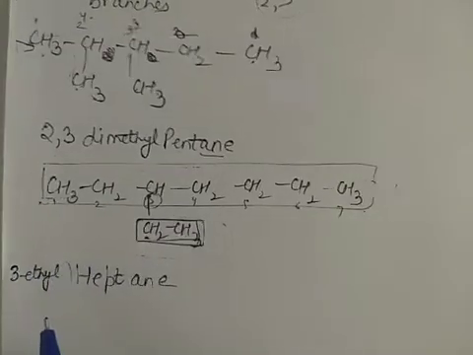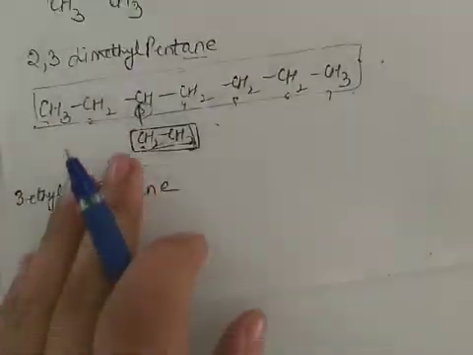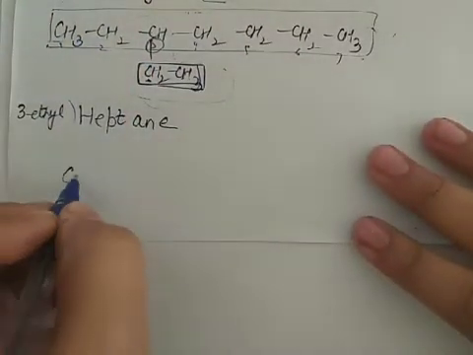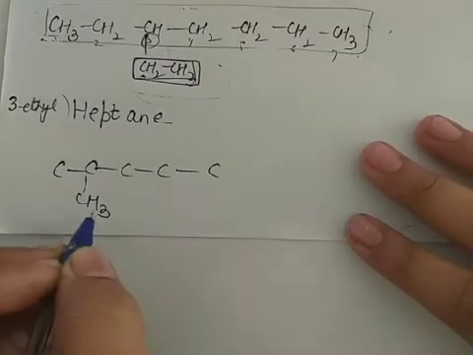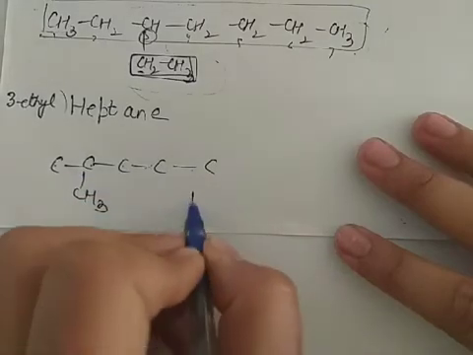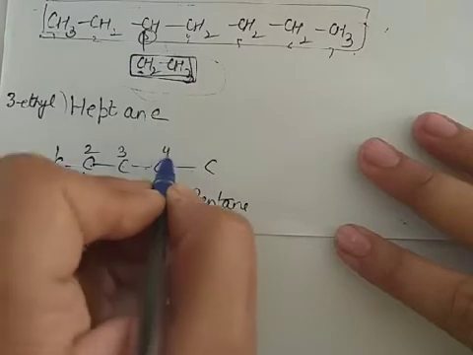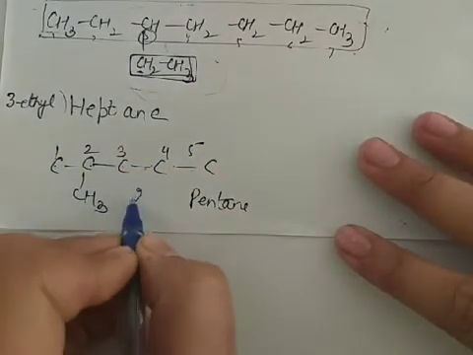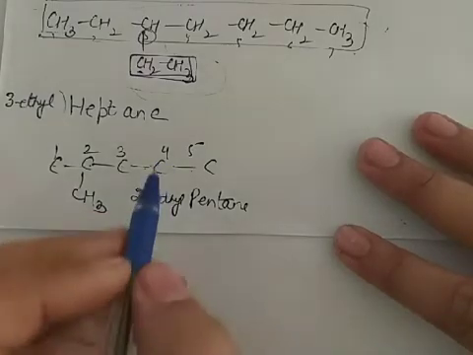Now, again I'll explain what I have taught. See, this is 1 2 3 4 5. If I number from here 1 2 3 4 5, and from the other side 1 2 3 4 5, then it will become 2-methylpentane.